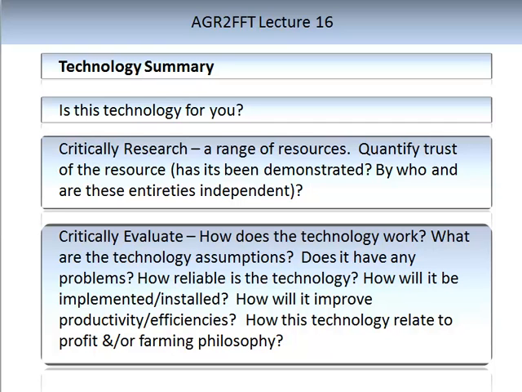Does this technology have any problems? Most do have a mix of good and bad. What are these problems? Are these problems that you can adjust to, or will they not make too much of a problem for you? The reliability of the technology is critical. Can it operate in your farm environment?